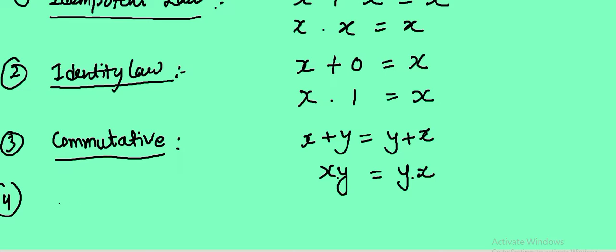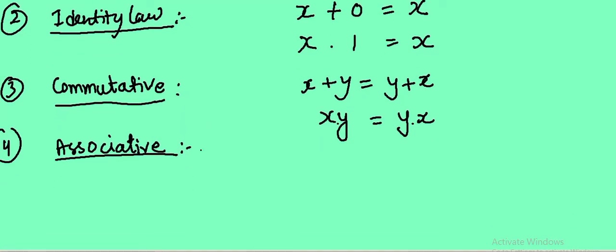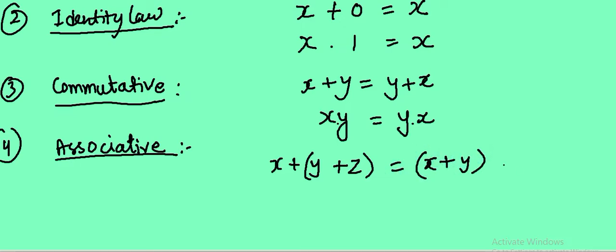The next law is the associative law. These laws are very helpful for solving Boolean functions, so you must remember them. They are very important. The associative law is: if I take three variables x, y and z, and take the OR between y and z, it is the same as evaluating x OR y first and then z.